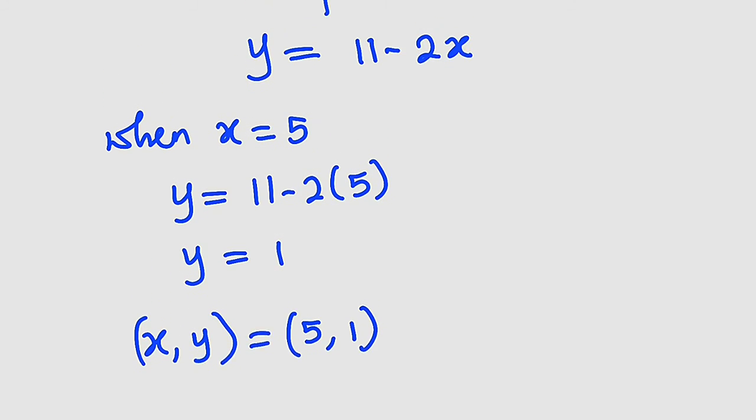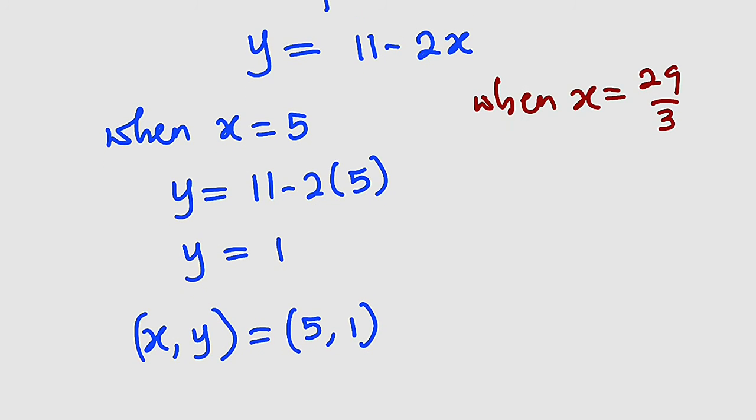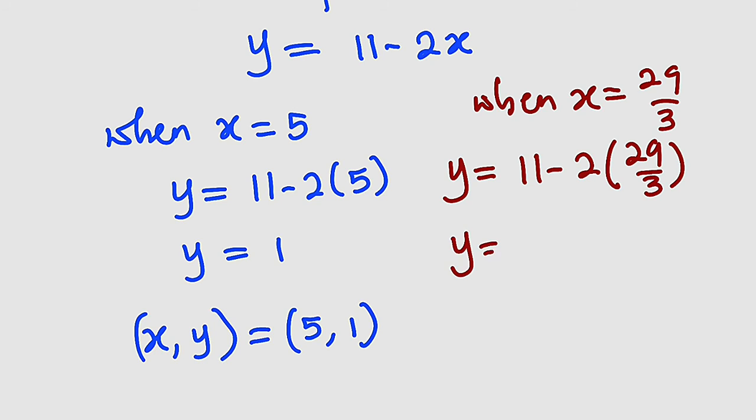So what about the other solution? That is when x equal to 29 divided by 3. We are also going to substitute it here. y will be equal to 11 minus 2 multiplied by 29 divided by 3, right? To simplify this, you can take 3 and multiply by 11.